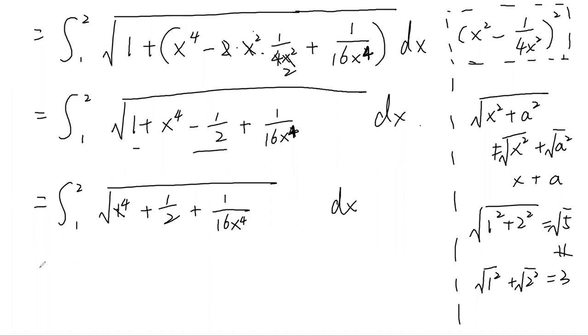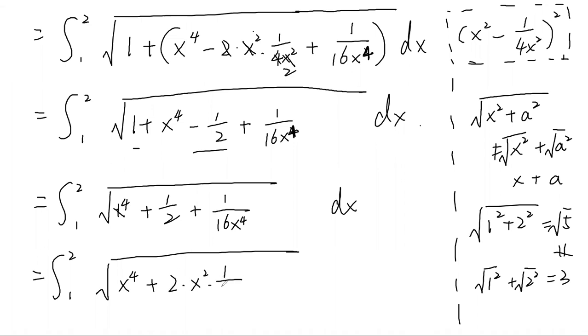But if you write 1/2 as 2 times x squared times 1 over 4x squared, plus 1 over 16x to the 4, dx. This is 1/2: if you cancel x squared and 2 over 2, you get 2 times 1 over 2 times 1/4, which gives you 1/2.